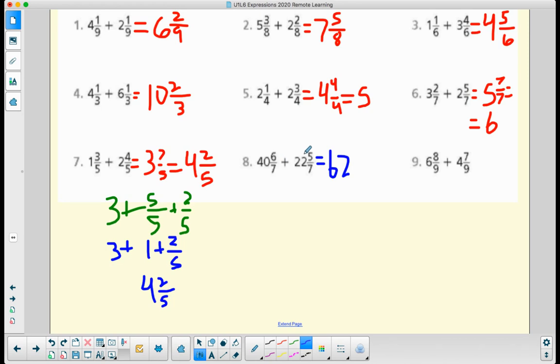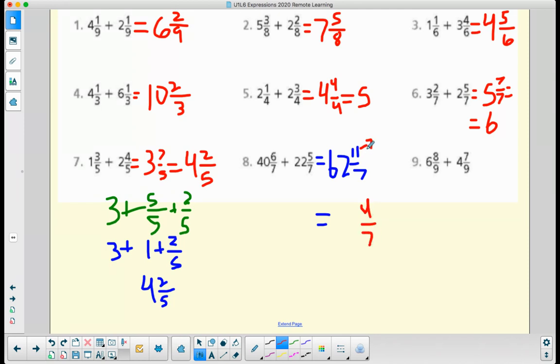6 sevenths plus 5 more sevenths are 11 sevenths. Okay, I notice that I can group 7 sevenths to make a whole. Sometimes I have students do this. They're going to subtract 7 sevenths for a whole, leaves them with 4 sevenths.